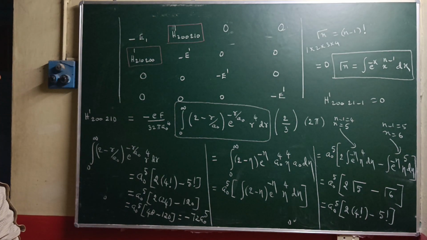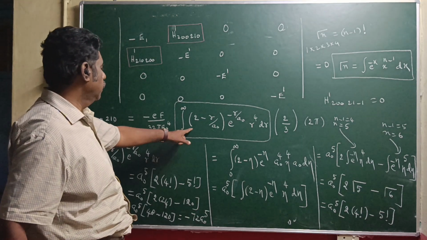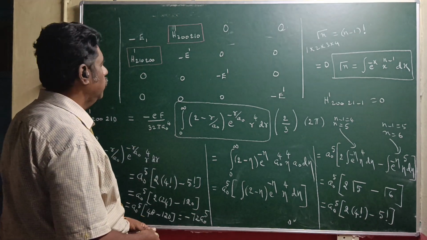This is the value of this integral, minus 72 a0 power 5.